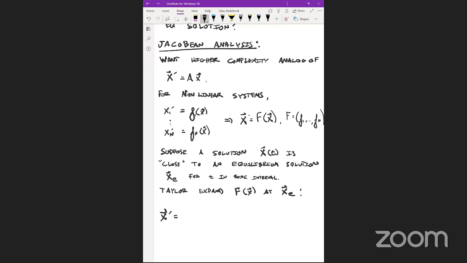So for each equation, we write f1 at x sub e, plus the higher order derivatives: the sum of del f1 del xi times (xi minus x e sub i), i equals 1 to n, plus, etc.